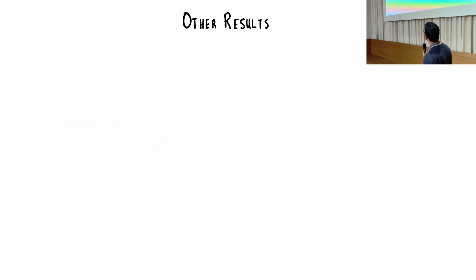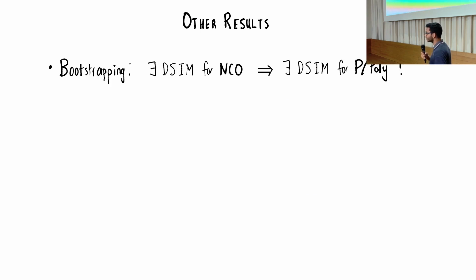All right. So the paper actually contains other results, which I did not get to talk about. First one is bootstrapping. So if you have DSIM for NC0, which is the class of Boolean circuits of constant depth, then you actually get DSIM for NC1 circuits. And this is nice because DSIM actually preserves the online complexity.